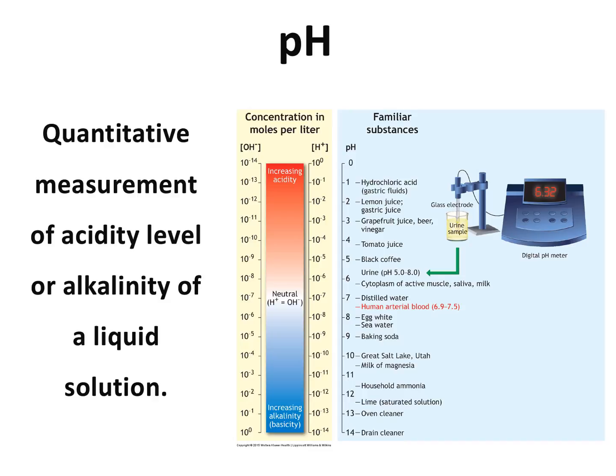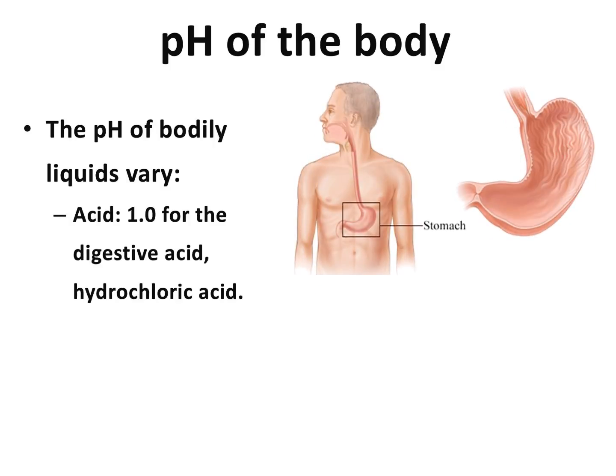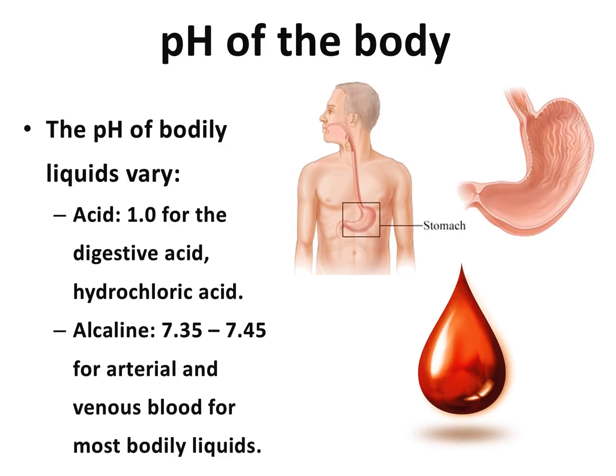pH is a quantitative measure of acidity or alkalinity of a liquid solution. The pH of the body liquids varies. For example, the pH in the stomach is very acidic due to hydrochloric acid. Arterial and venous blood is more alkaline because it has a value of 7.35 to 7.45.